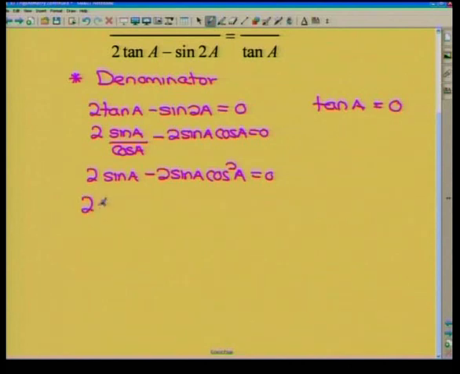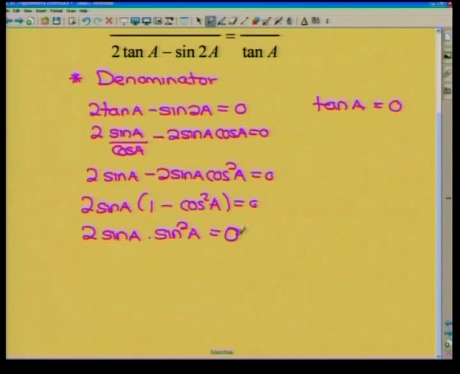And we can take out the 2 sin A as a common factor, leaving me with 1 minus cos squared A. The good news is, what do we know about 1 minus cos squared? Well, we know it's equal to sin squared A. So in actual fact, we have 2 sin cubed A equal to 0.